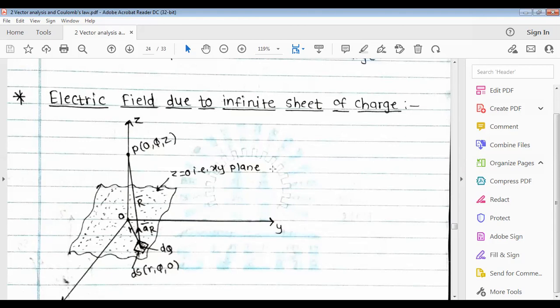Also consider x, y and z axis, and you just put that sheet on the floor, and keep this sheet in such a way that its center is nothing but the origin of the Cartesian coordinate system.